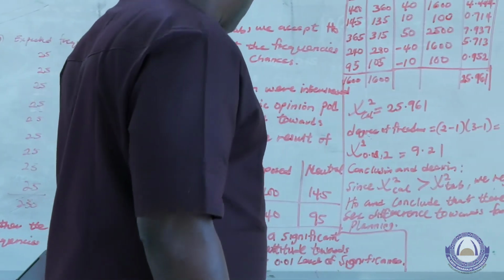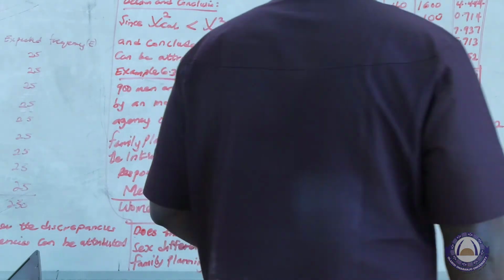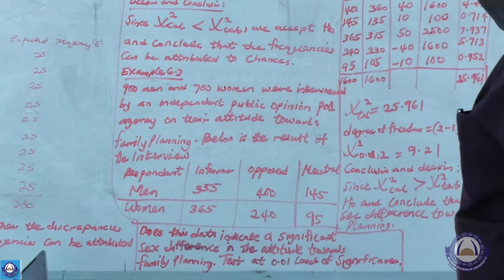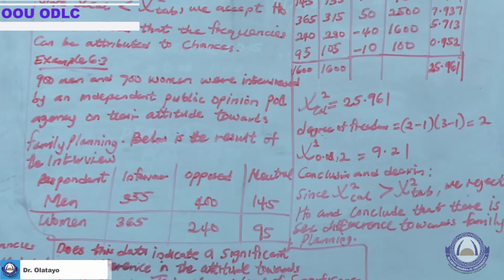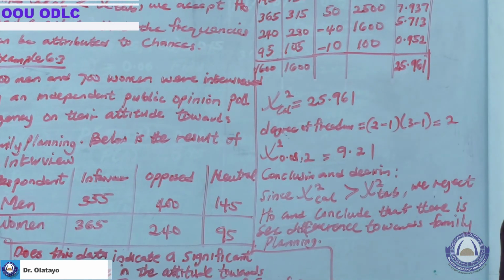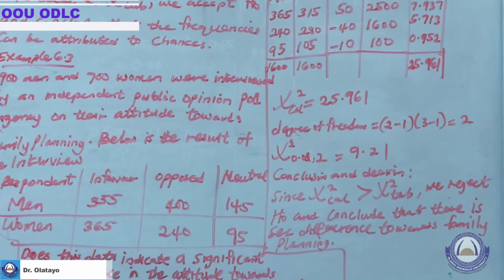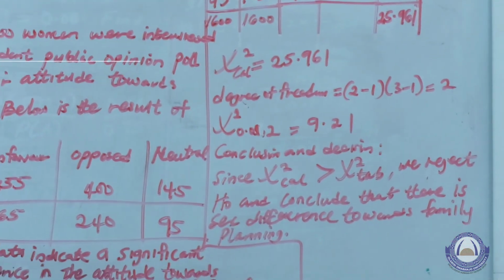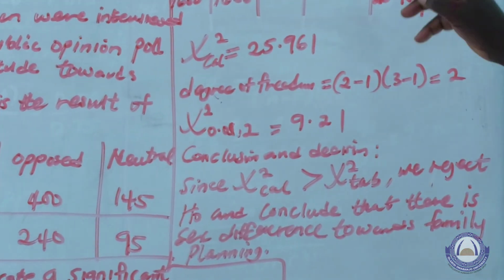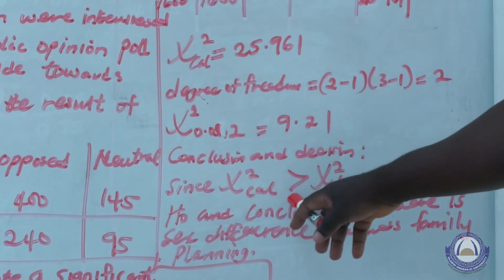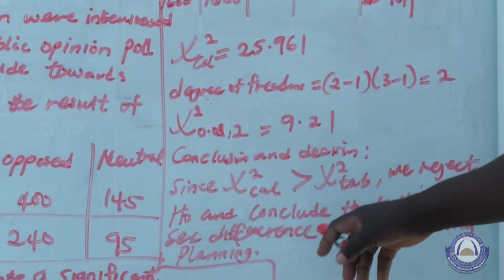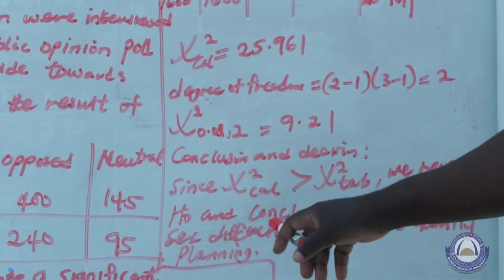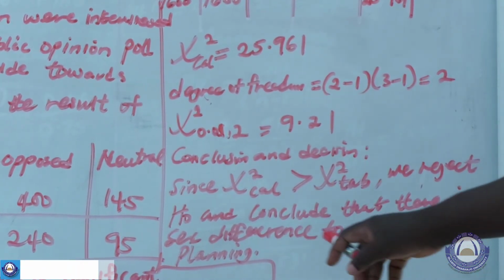Therefore, we have chi-square calculated to be 25.961 and chi-square tabulated to be 9.21. The decision is that we reject the hypothesis if calculated is greater than tabulated. Since chi-square calculated is greater than chi-square tabulated, we reject H0 and conclude that there is sex difference towards family planning.